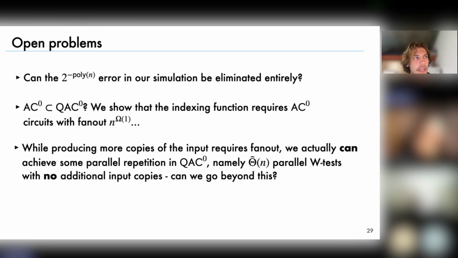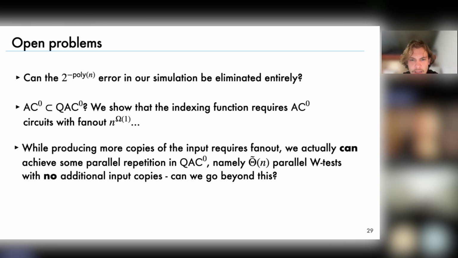Here is another open question. Like I mentioned, we can't make many copies of the input without fan-out. However, we are able to achieve some amount of parallel repetition via other means. In one of the appendices of our paper, we show that you actually can run the W test n times in parallel with just a single copy of an n-bit input string x.